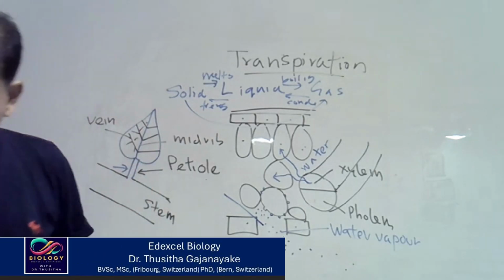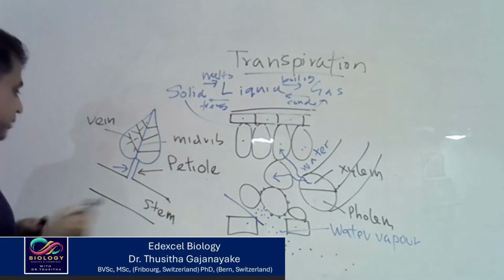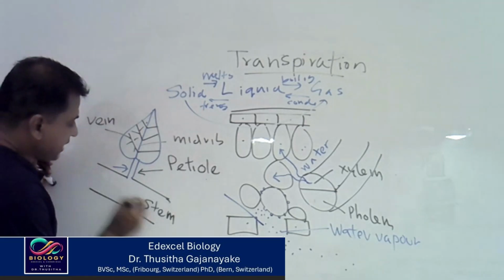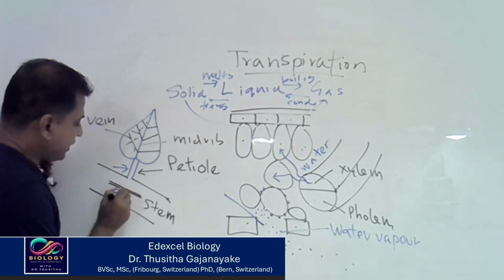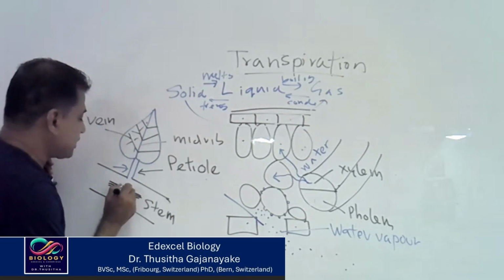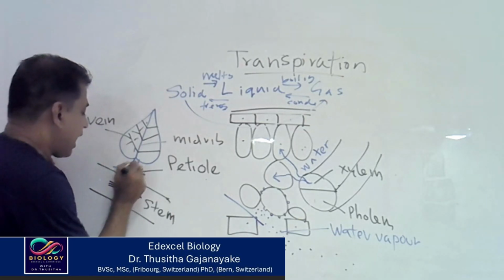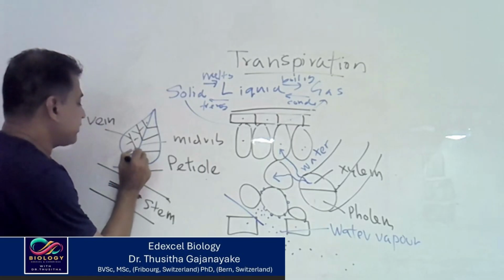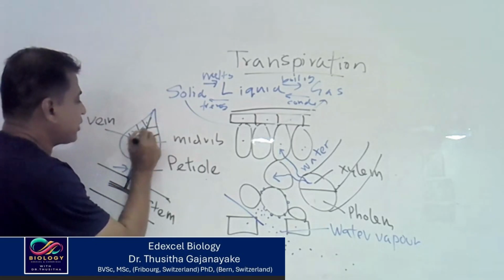Now the xylem and phloem are in the stem, so they branch to this part, and they go to the midrib, and then they go to these areas.